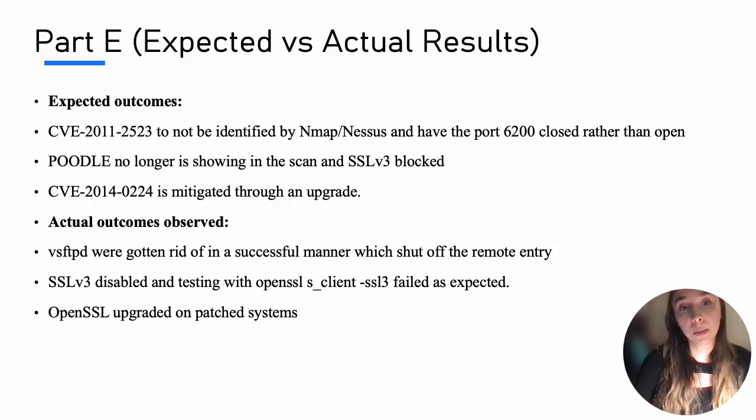The actual outcomes observed were that VSFTPD was removed successfully, which shut off the remote entry. Then SSL v3 was disabled, and testing with the OpenSSL client with the switch -ssl3 failed as expected. And OpenSSL was upgraded on patched systems.